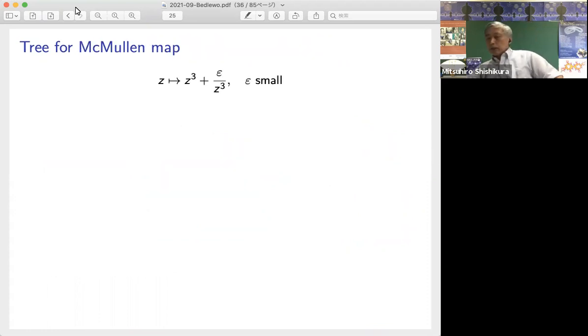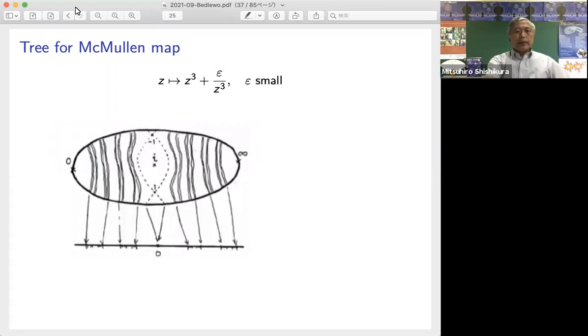Another one is for the singular perturbation of the monomial map. It's called the McMullen map. For example, one simple case is z cubed plus epsilon over z cubed with small epsilon. In that case, well, I don't have Julia set pictures, but it's known that the Julia set is a Cantor circle, like a Cantor set cross circle.